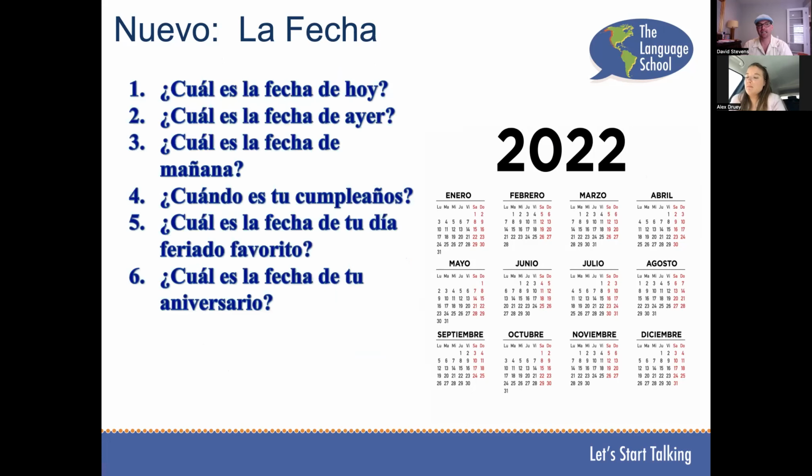Mirando el calendario, Alex, ¿cuál es la fecha de hoy? ¿Qué significa la fecha? La fecha is the date. So what's the date today? ¿Cuál es la fecha de hoy? Junio.